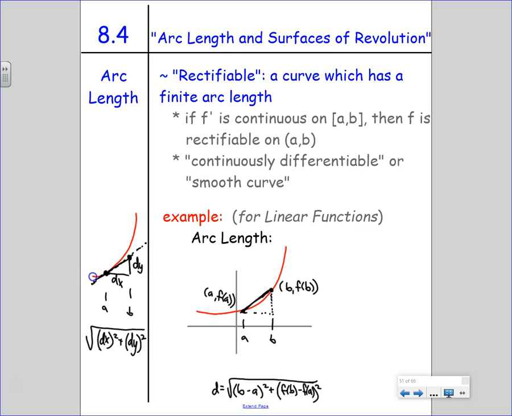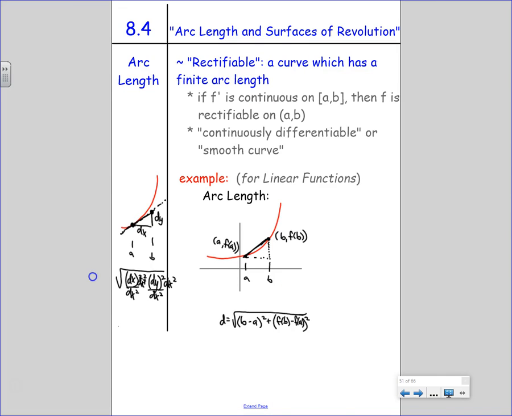What if I were to divide everybody by dx squared? And I could multiply top and bottom by dx squared. Is that technically legal? I'm just multiplying by 1 creatively, right? Okay, so then I could pull out the dx squared on top.